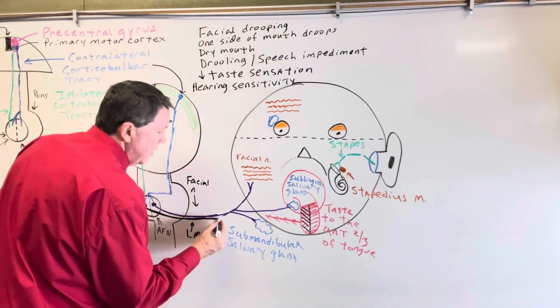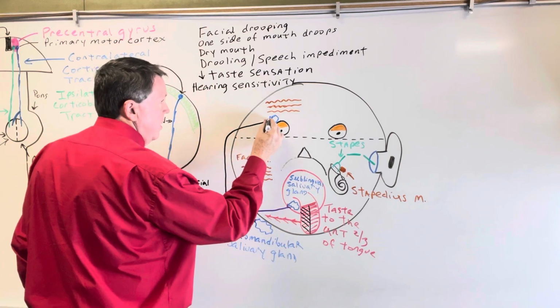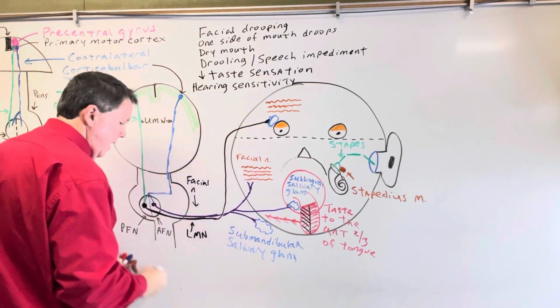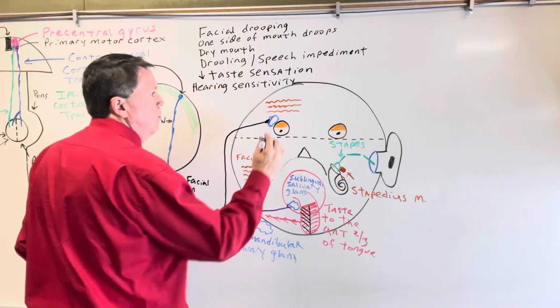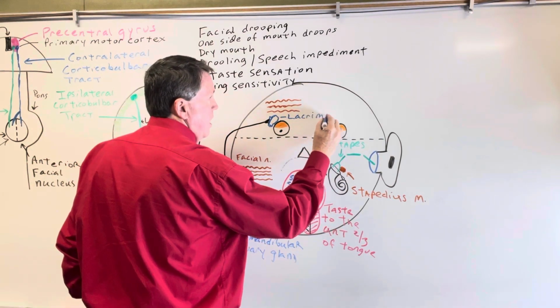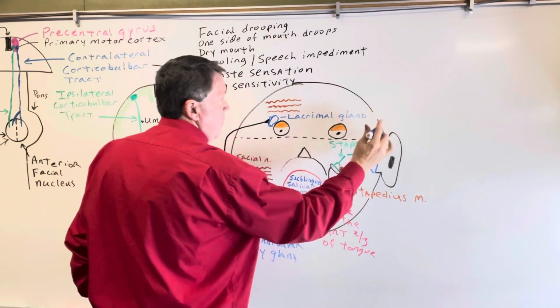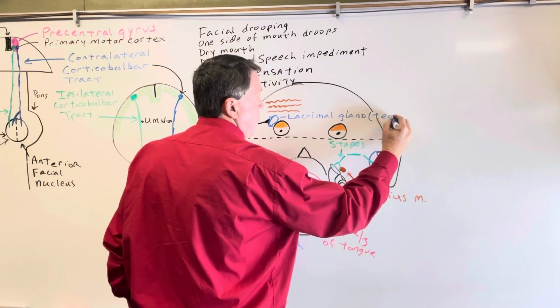I'm going to have a nerve that comes like this, and it's going to go to the upper face. And it's going to go to this here, and this right here is called the lacrimal gland. And the lacrimal gland is going to produce tears, right? So this is going to make tears.